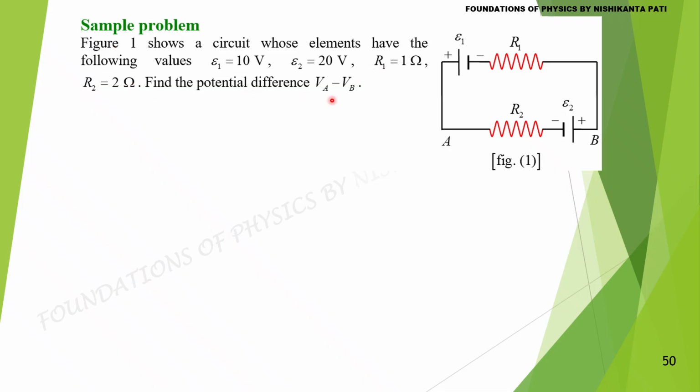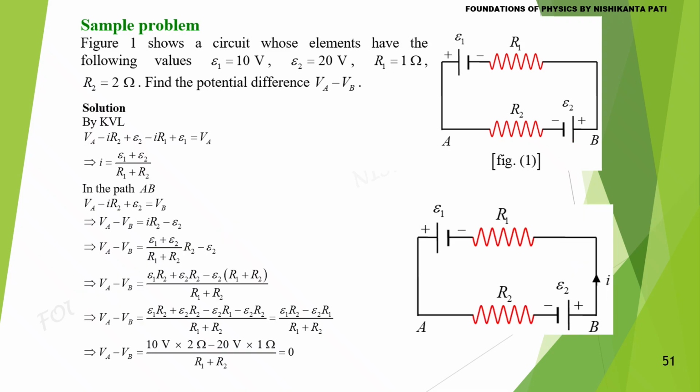Find the potential difference VA minus VB. Here two cells are there. We can take any one to be the master cell. As I told earlier, the cells have no internal resistances, or you may think this R1 as the internal resistance of this cell, R2 is the internal resistance of this cell, which are for simplicity shown to be outside the cell.